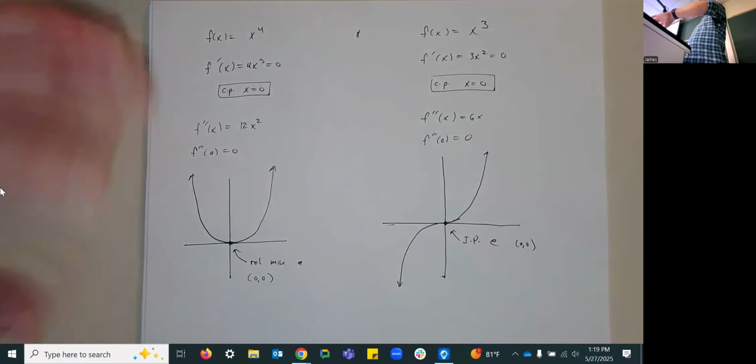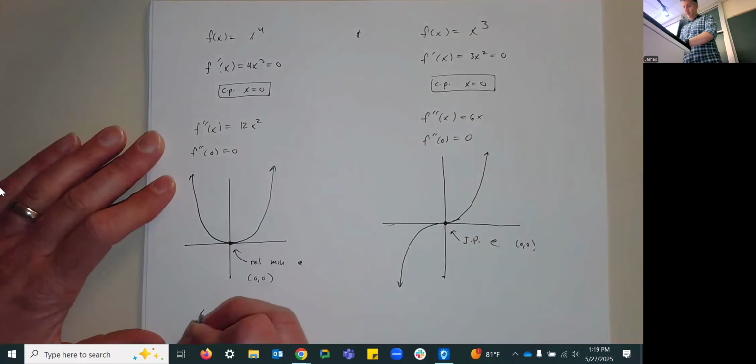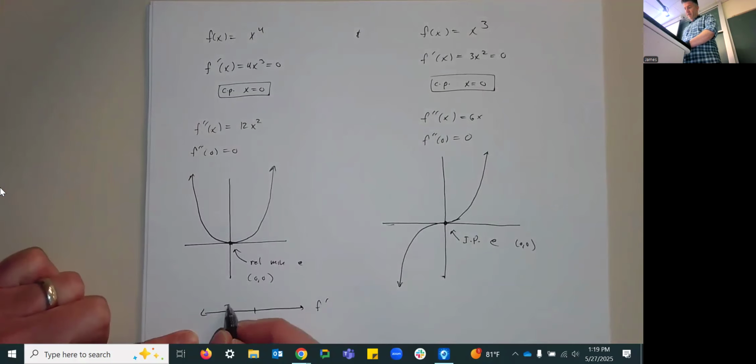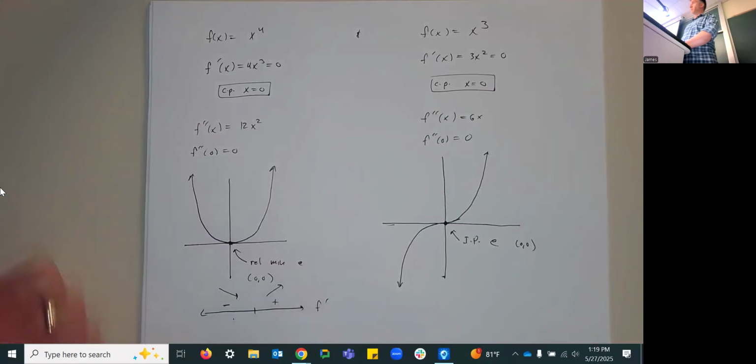So again, all I'm trying to show you with these two examples is that the second derivative test can be unhelpful sometimes. This doesn't tell us either way what we have, whereas the first derivative test tells us a lot. If we look at the first derivative here, on the left side, the first derivative is negative. On the right side, the first derivative is positive. So we're decreasing, increasing, so we know we have a relative minimum.